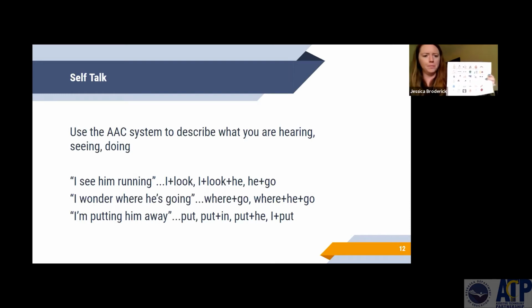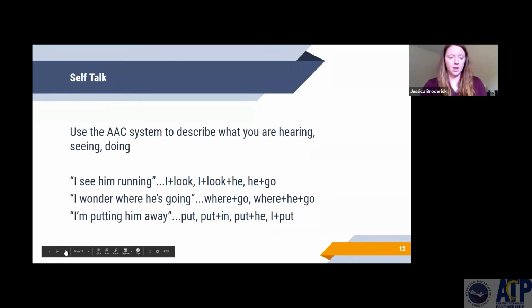So I might say, I wonder where he's going, and model using the words where, go. I could say, oh, I'm going to put him away, and we might be using the words put, in, or I put. If you have just these simple boards, these are free. You can model throughout your entire day just by narrating what the child is seeing or hearing or doing, or what I'm seeing or hearing or doing, all those environmental kind of things.